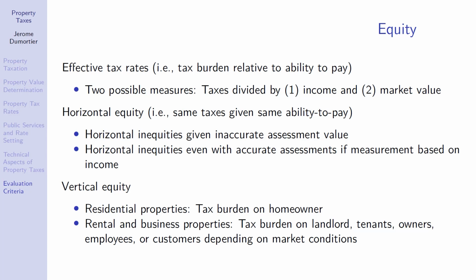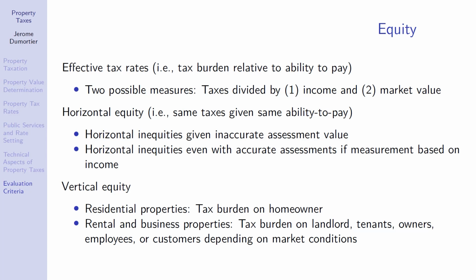Or you can also have it slightly different. Suppose the market values of two homes are identical, but you have income differences. Then, when you are calculating the measures associated with horizontal equity, there could be issues.